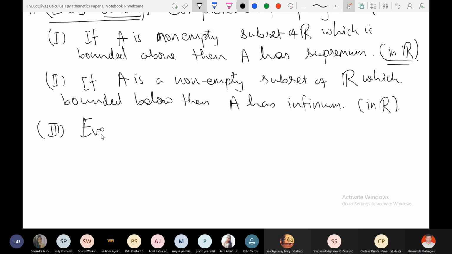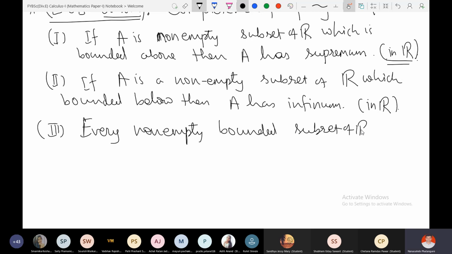Every non-empty bounded subset of R. Bounded means what? What do I mean by bounded? Which is both bounded above and below.